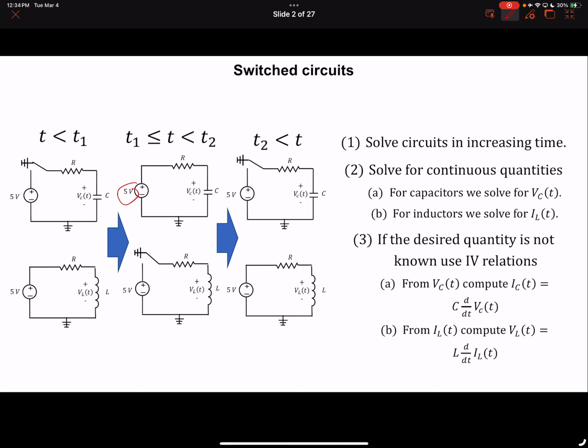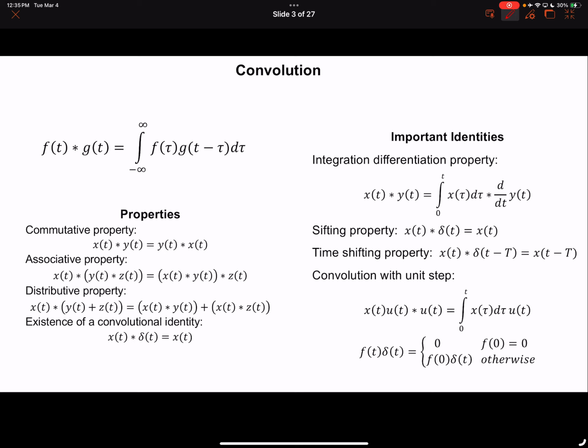And then we also said that the initial conditions can only be determined for continuous quantities, which are the capacitor voltage and the inductor current. So you can't extract initial conditions from anything else in a circuit. Questions about switch circuits at this point? No questions. We can move on.